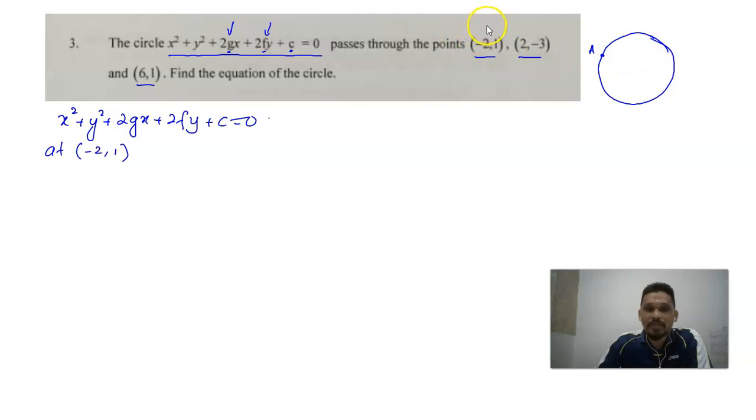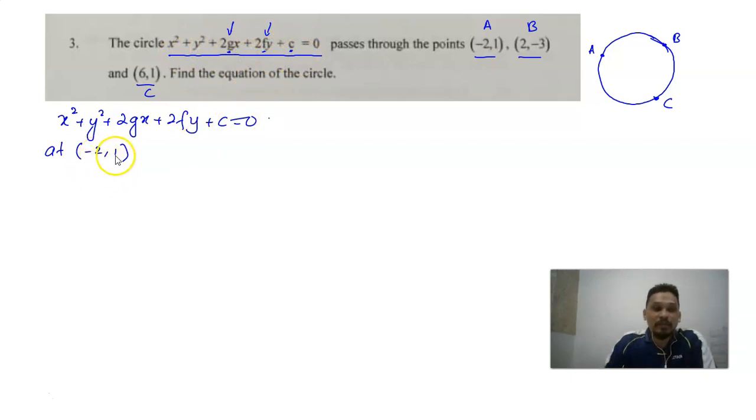Label these as A, B, and C. The coordinate of A is (-2, 1), the coordinate of B is (2, -3), and let's say here C is (6, 1).